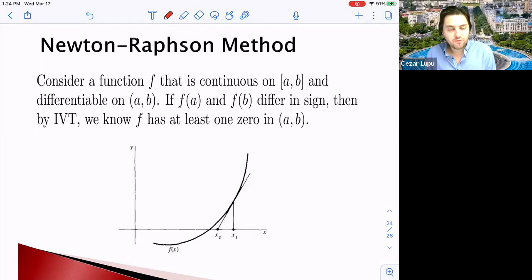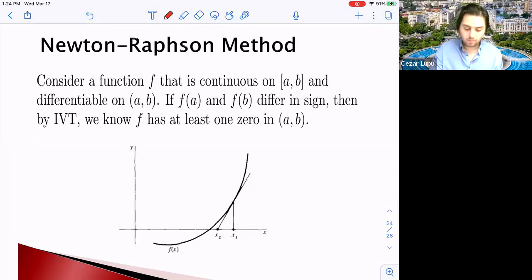If we evaluate the function f at the endpoints of the interval, which in our case are a and b, and these two values differ in sign, then we know by the intermediate value property that f has at least one zero in (a, b), right?